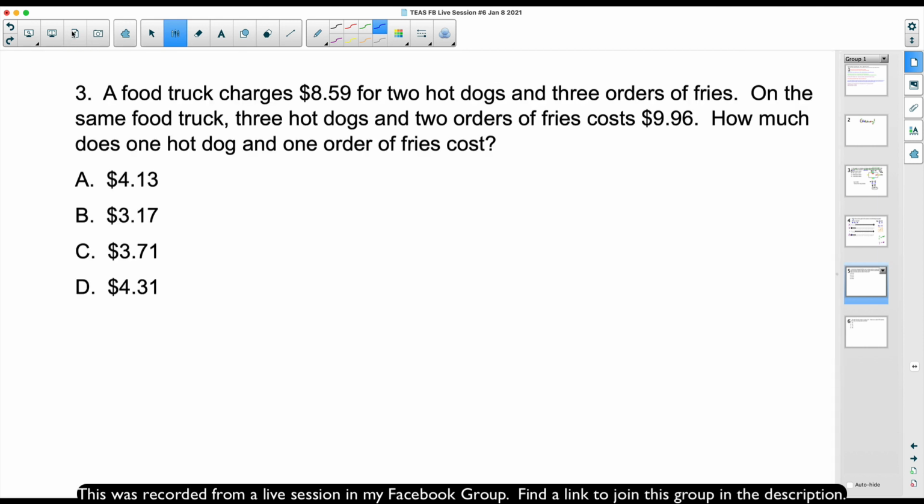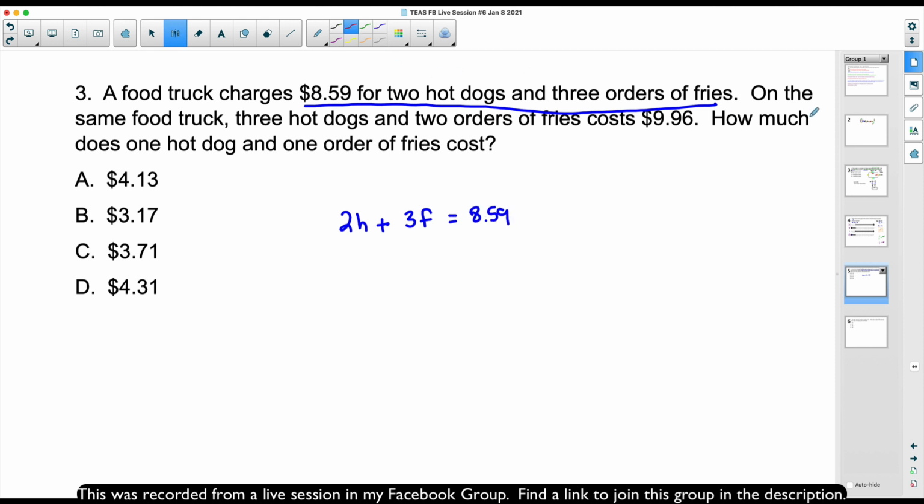Read that over. So a food truck charges $8.59 for 2 hot dogs and 3 orders of fries. So watch what I'm going to go ahead and do. With this very first sentence, I'm going to say 2 hot dogs plus 3 orders of French fries is going to be equal to $8.59.